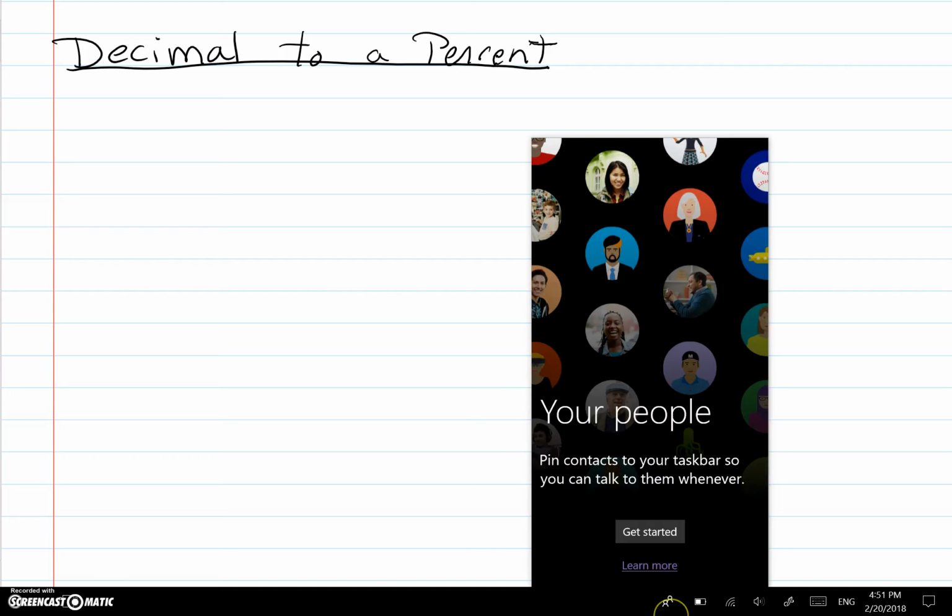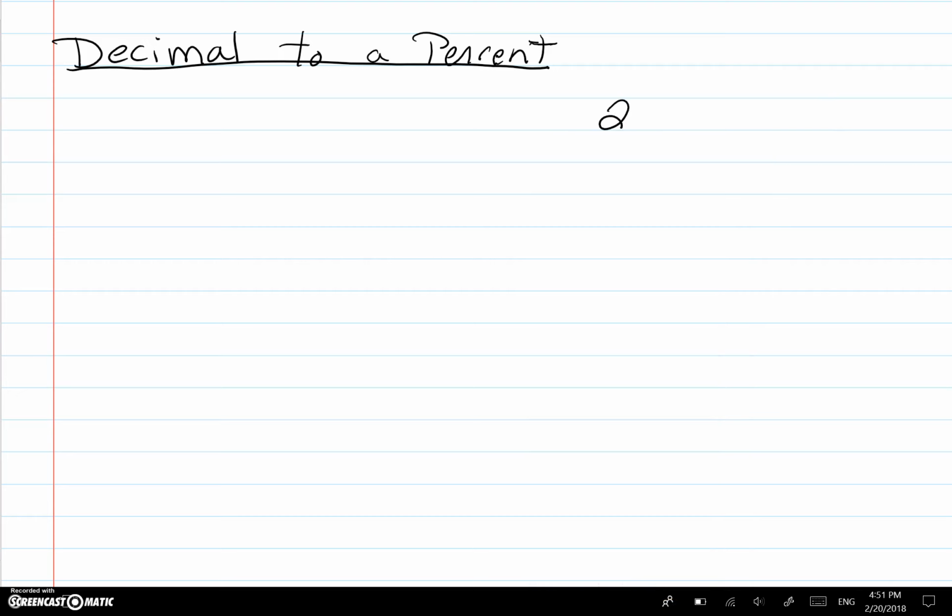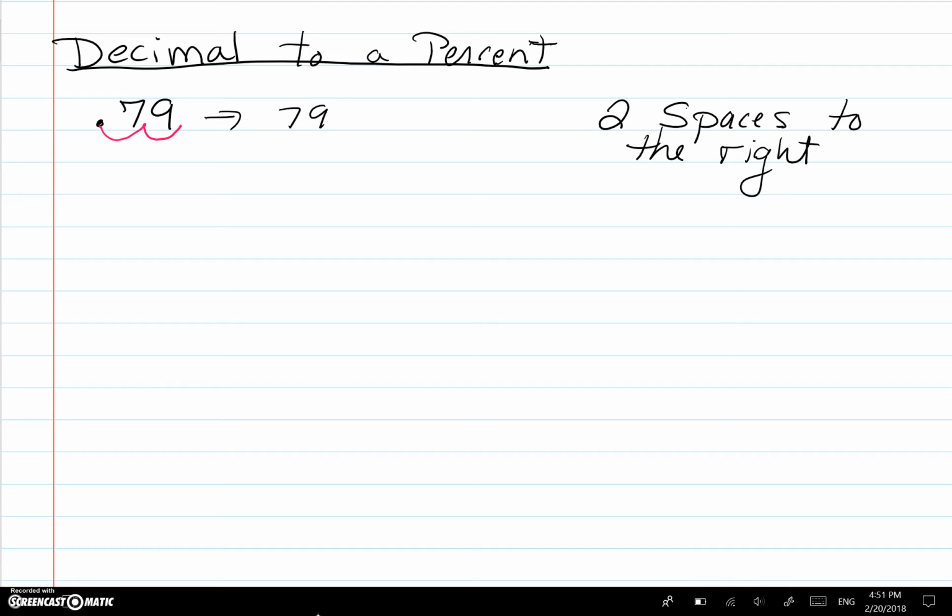So this time we're going to move 2 spaces to the right. So here we go. Ready for this, ladies? If I have 0.79, I'm going to move the decimal now 2 places to the right. 1, 2. I don't need to put the decimal if it comes to the end of the number. So this is going to become 79%.